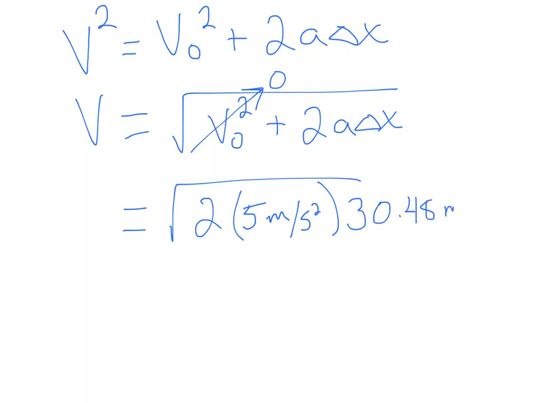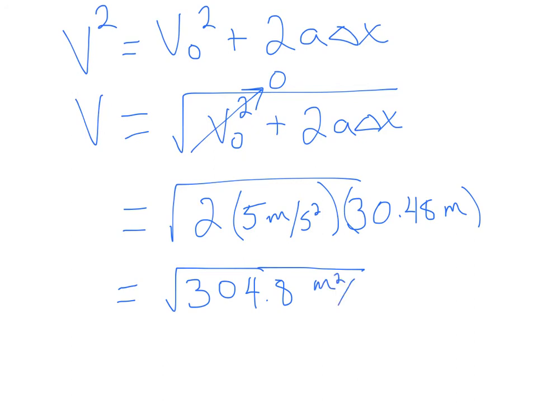30.48 meters. And so we can plug that into our calculator, or just see that 2 times 5 is 10. We'll multiply by another 10, and we get the square root of 304.8. And if we look at the units, we get meters squared per second squared, which when we take the square root, is going to work out to give us meters per second, which is what we want with velocity.